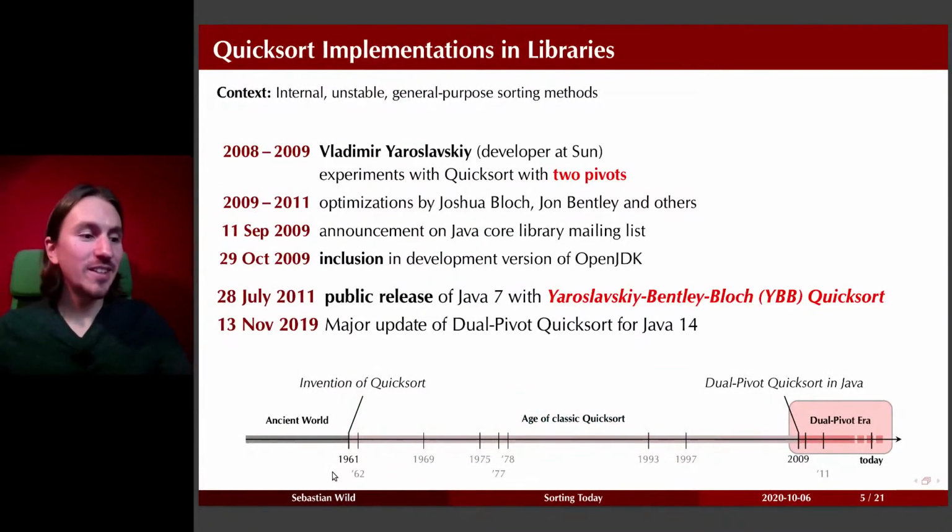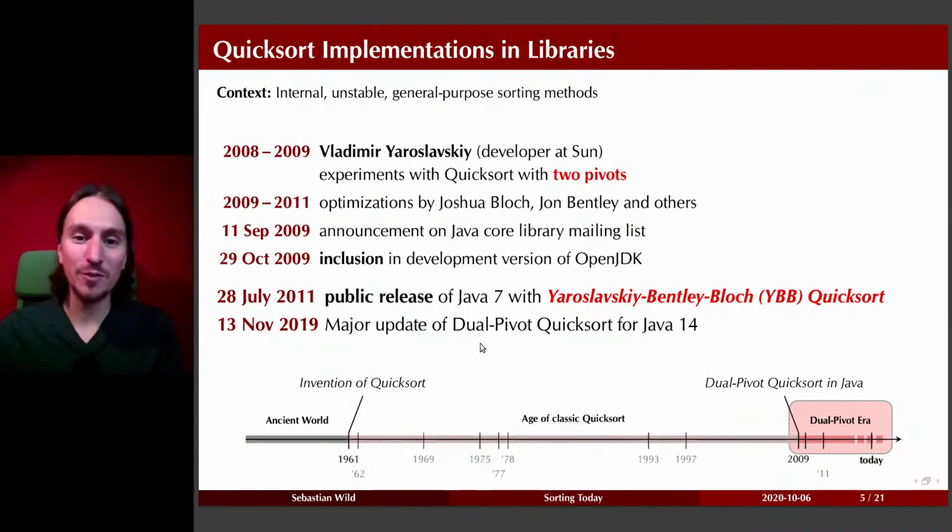Until 2009 roughly, when Vladimir Yaroslavskiy, a Russian developer, started playing with Quicksort with two pivots. After a couple more optimizations with others, it was fairly quickly announced in the public release of Java 7, and is now deployed on all your devices if they run Java.